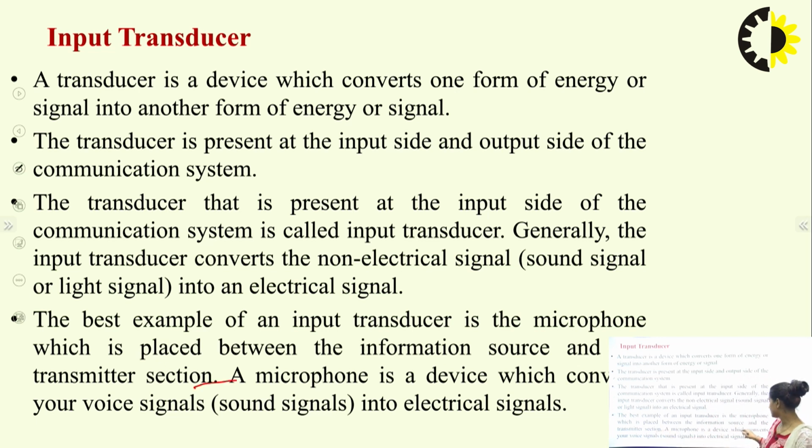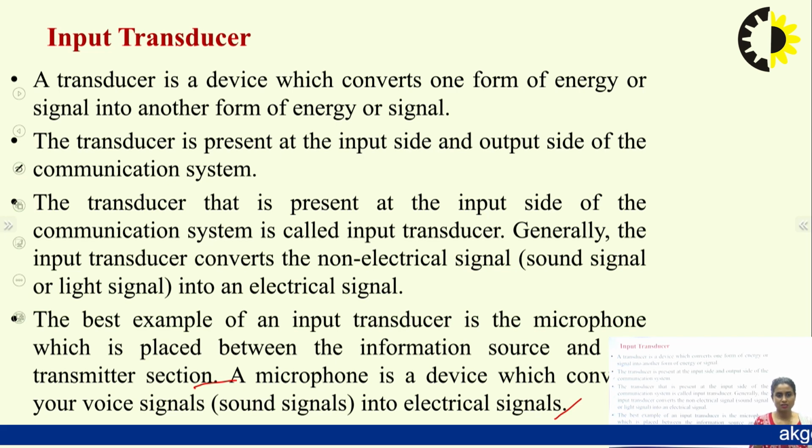The microphone takes my audio signal and converts it into an electrical signal. A microphone is a device which converts your voice signal into an electrical signal. When you turn on video calling or join any meeting over Google Meet or other platforms, it asks you to turn on your microphone. So what does that microphone do? It converts your sound energy into electrical signals.